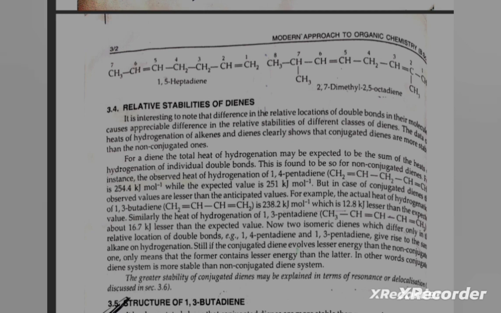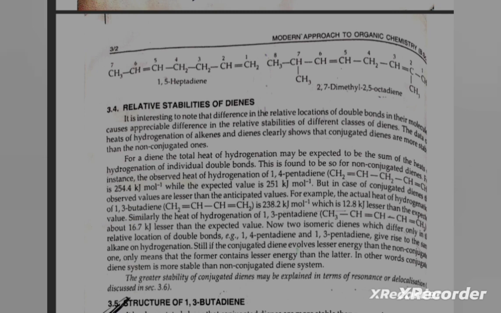The data on heat of hydrogenation of alkenes and dienes clearly show that the conjugated dienes are more stable than the non-conjugated ones. For a diene, the total heat of hydrogenation may be expected to be the sum of heats of hydrogenation of individual double bonds.